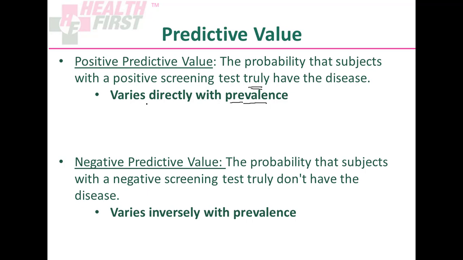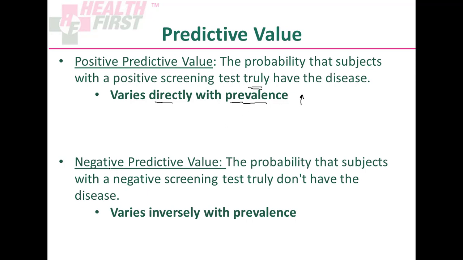So when we say positive predictive value varies directly with prevalence, we mean that if prevalence increases, the predictive value of this test increases, right? So if the number of individuals in that population with the disease of interest increases, then the positive predictive value will also increase.